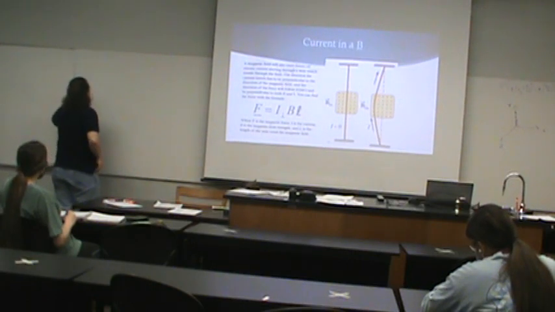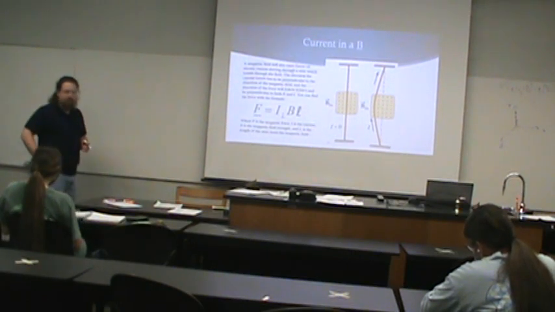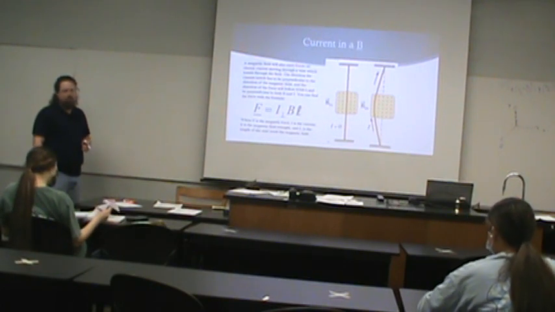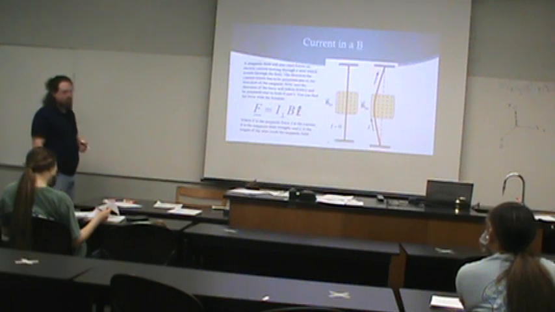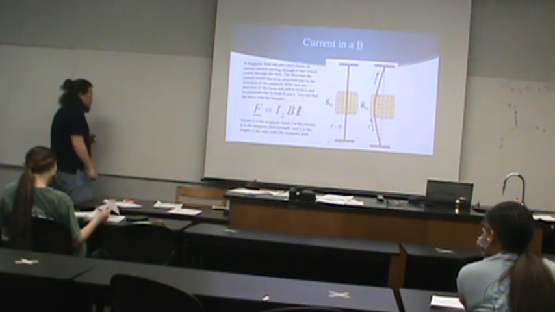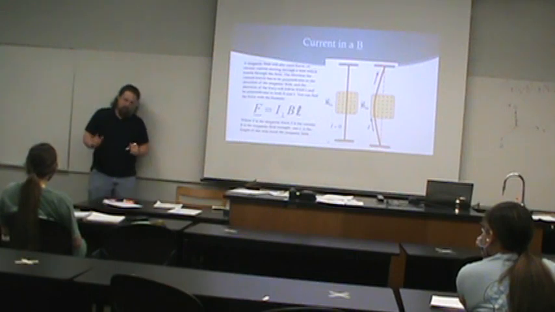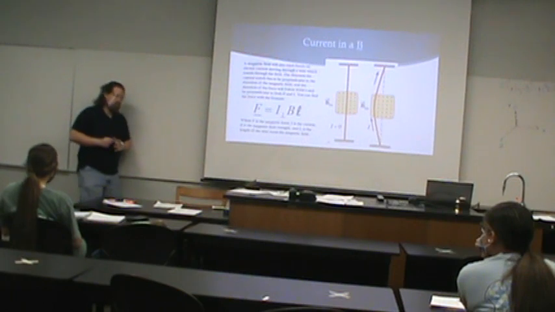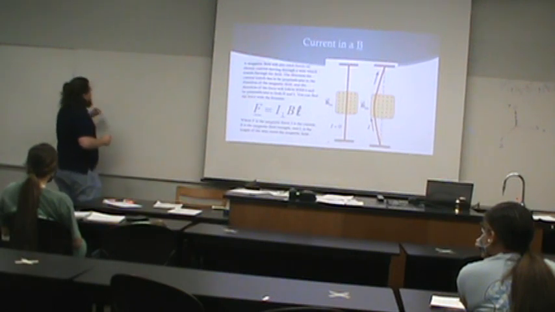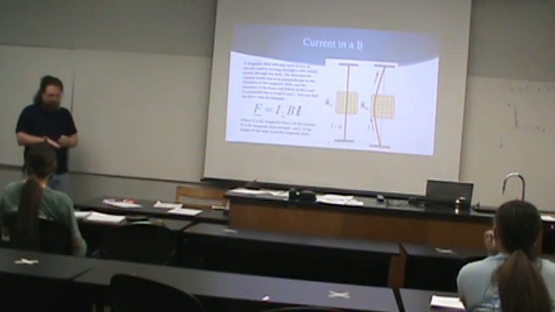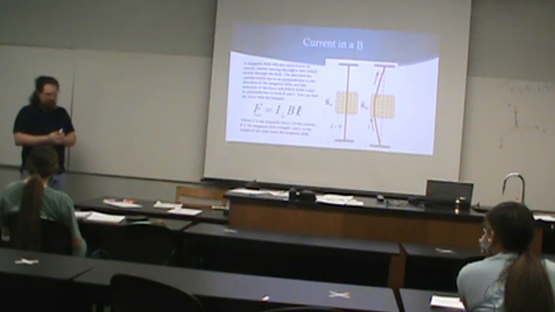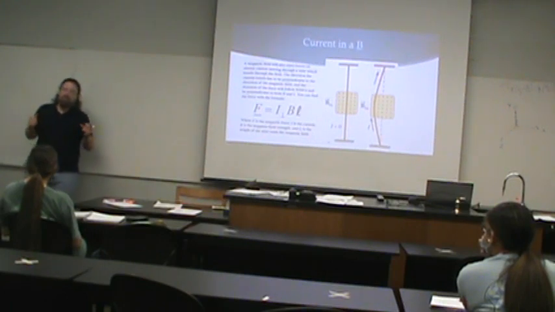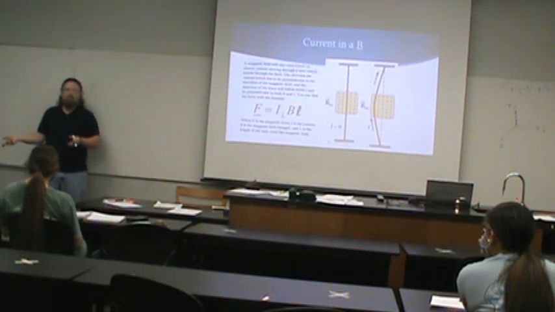I apologize. Wait, so that other right-hand rule is different than the one we learned, because the one we learned about was about fingers with the velocity, and this was about current. Correct. But is it the same? I don't know, what's the difference? Well, the difference between what you're looking for with the different right-hand rules. Ultimately, both versions are still comparing direction of charge moving to orientation of magnetic field.